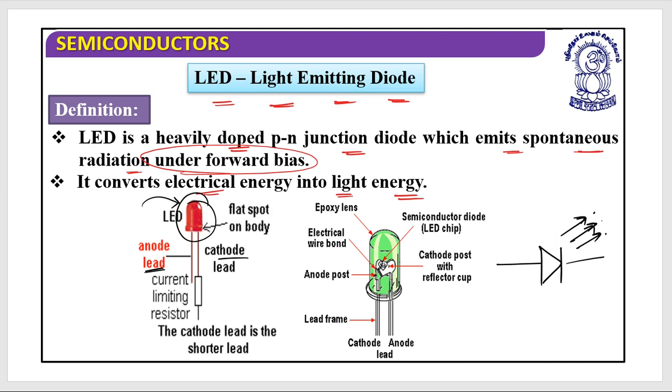One is the anode lead, another is the cathode lead, and the cathode lead is always the shorter lead. This is one different version of the LED, and you can see this also in the market.